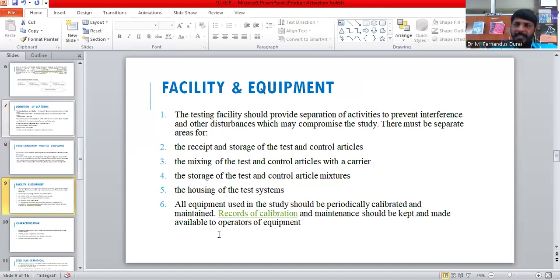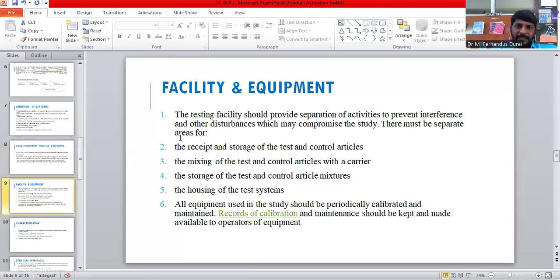So what facilities are needed for GLP? The testing facility should provide separation of activities to prevent interference and other disturbances which may compromise the study.